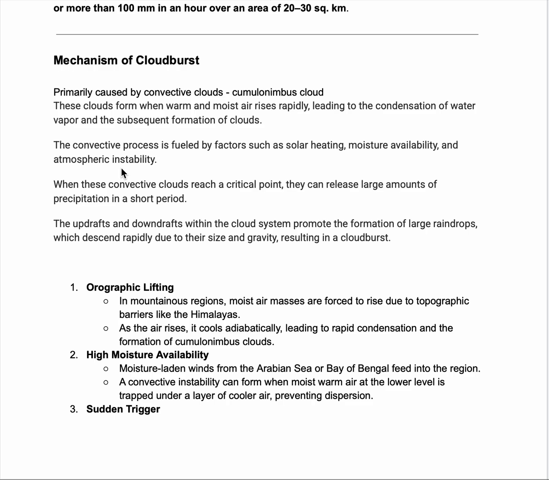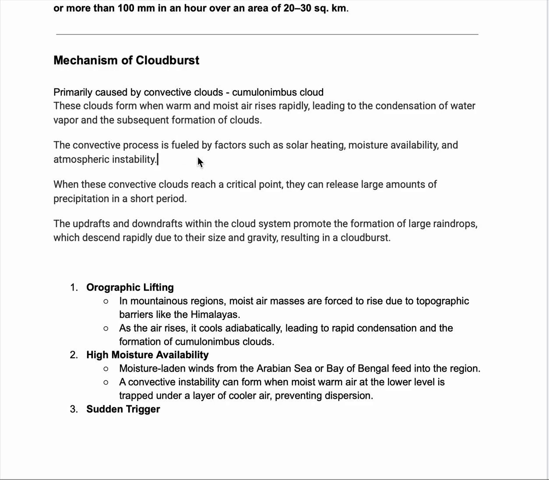This is a circular process. The warm air rises up, condenses and cools down, and then comes down in the form of rain. This is the convection current. So a cloudburst is basically caused by convective clouds, which are cumulonimbus clouds.